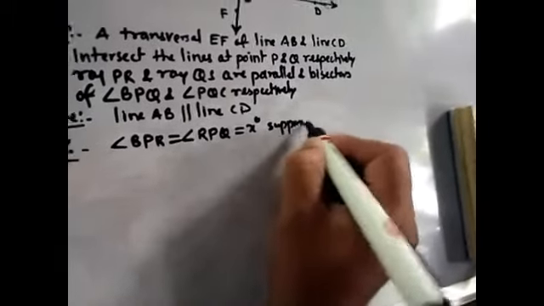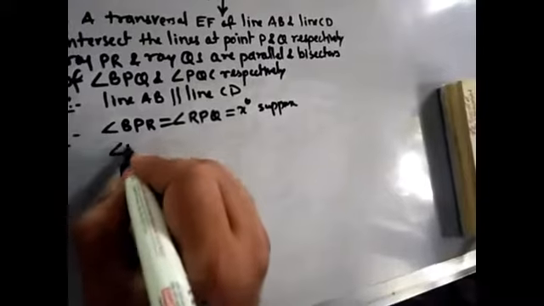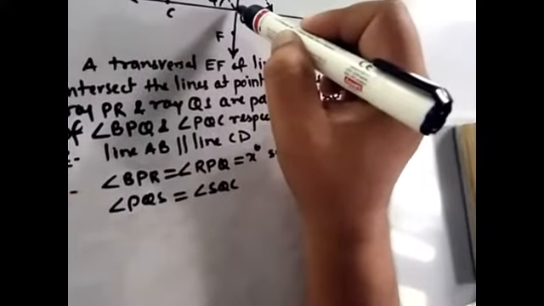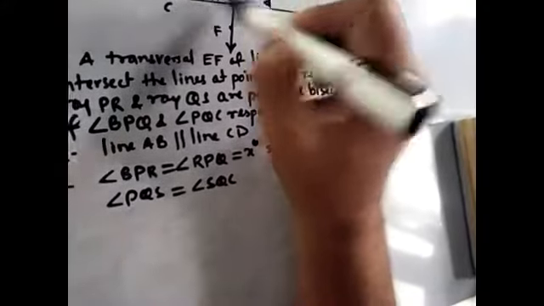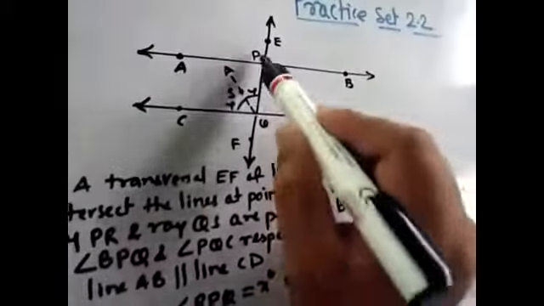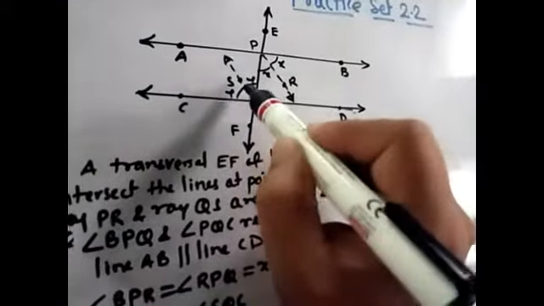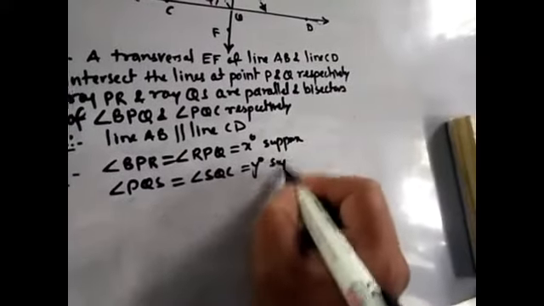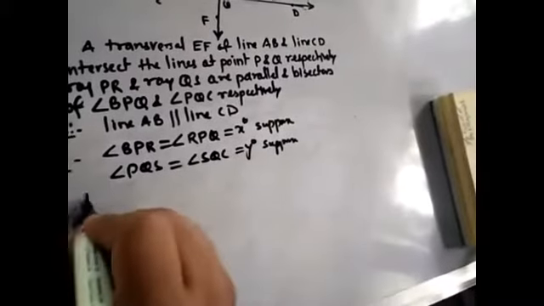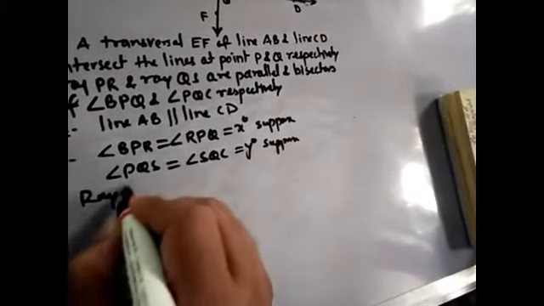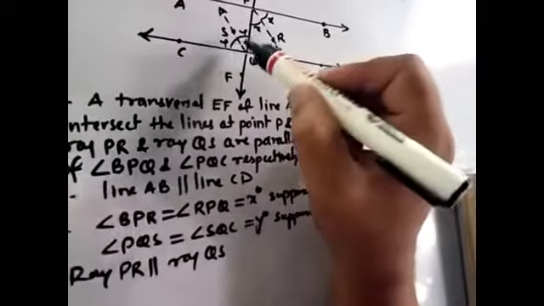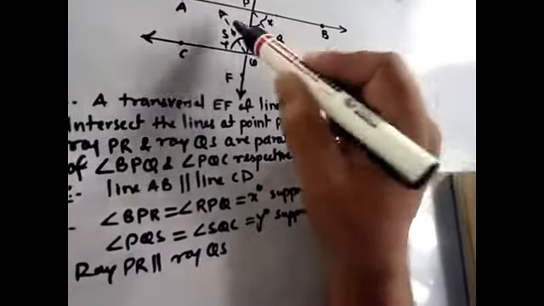Suppose angle PQS is equal to angle SQC. See, PQS and SQC, these two angles, we suppose y degrees. Suppose ray PR is parallel to ray QS, PR and QS.